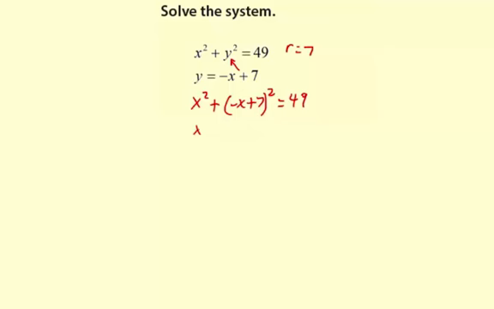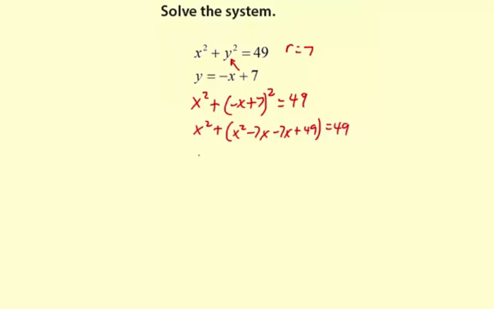Then we'll multiply out the middle part here. Negative x times negative x is positive x squared, and then negative x times 7 is minus 7x, and then 7 times negative x is another negative 7x, and then 7 times 7 is 49, equals 49.